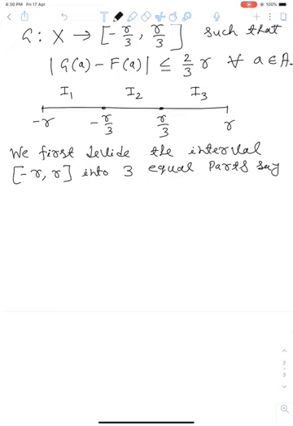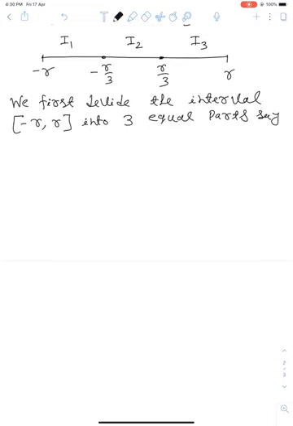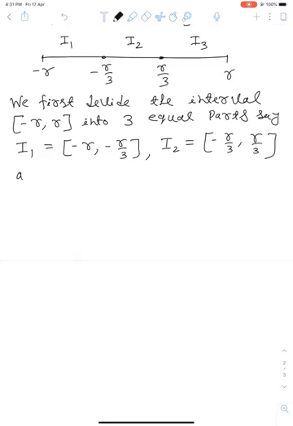So say I1 equal to minus r comma minus r by 3. Say I2 equal to minus r by 3 comma r by 3, and I3 equal to r by 3 comma r.